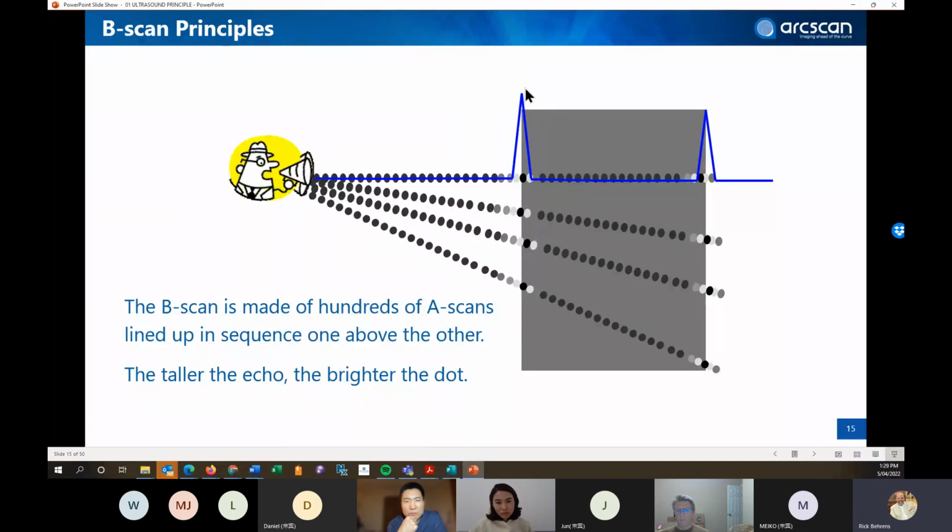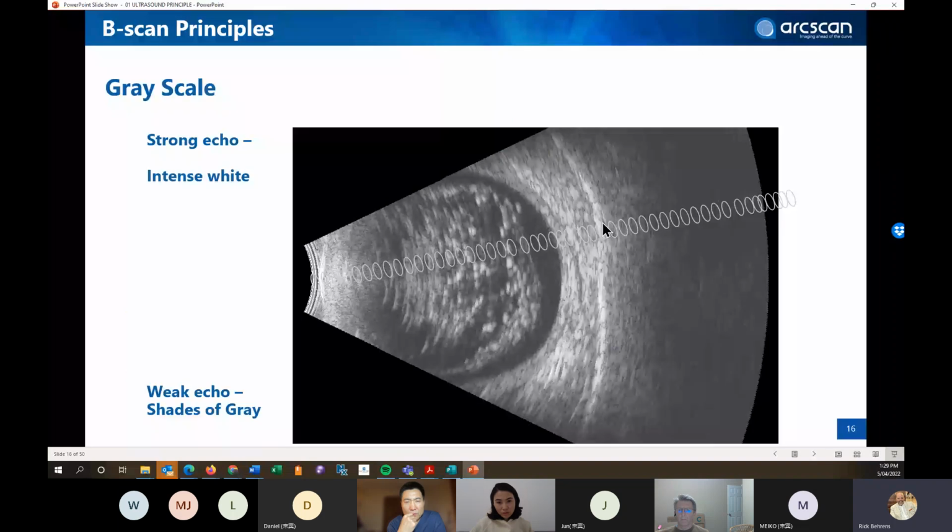The more dense the gate is, the brighter it will be. If the material inside is not so dense, it's going to be less white, and if there is no material, it's going to be black. So a strong echo will be really, really white, and an echo that is not so strong could be fluid.